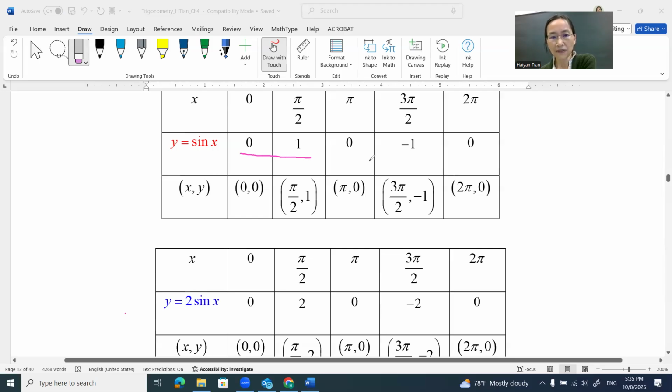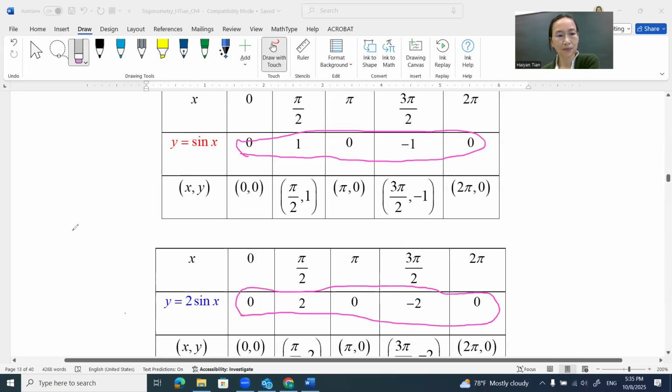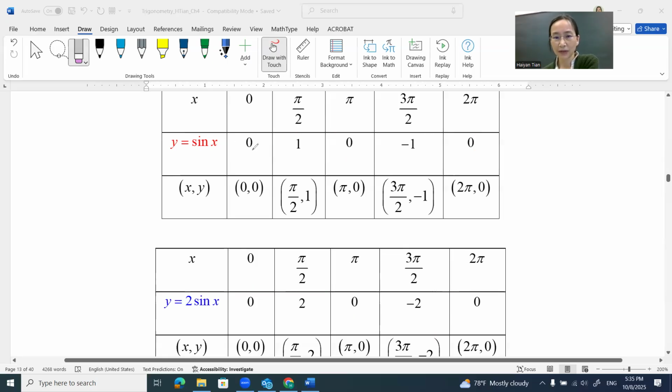If that's the y value without 2, and if you multiply each y by 2, then the y value will be twice the previous y value. So the function value will be twice that of the basic sine function. But 0 is not affected because twice 0 is still 0.